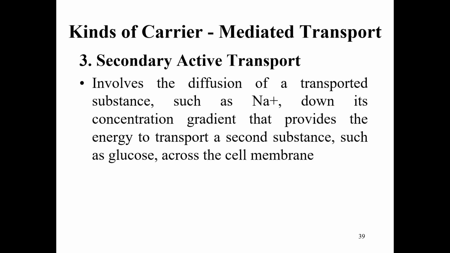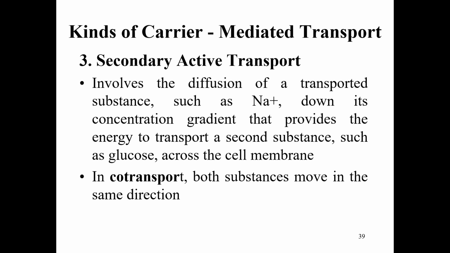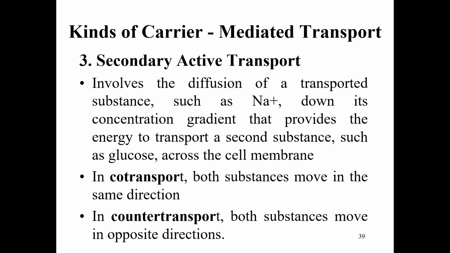Next, we have secondary active transport. This involves the diffusion of a transported substance such as sodium down its concentration gradient, which provides the energy to transport a second substance such as glucose across the cell membrane. It is called co-transport when both substances move in the same direction.